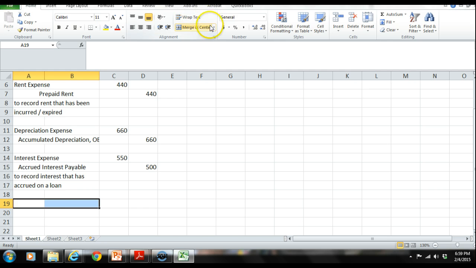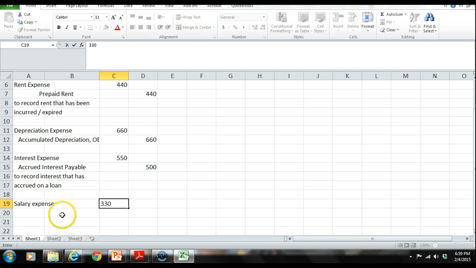So we're going to debit salaries expense $330. And we're going to credit salaries payable $330, to record salaries incurred during the period but not paid.